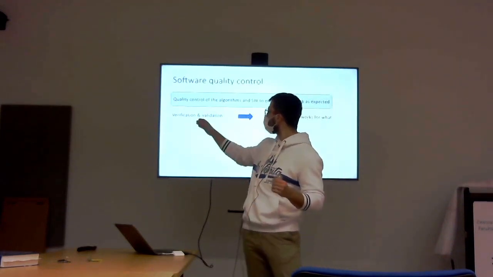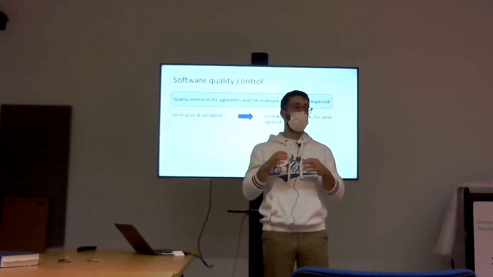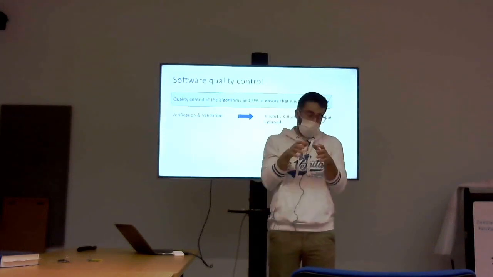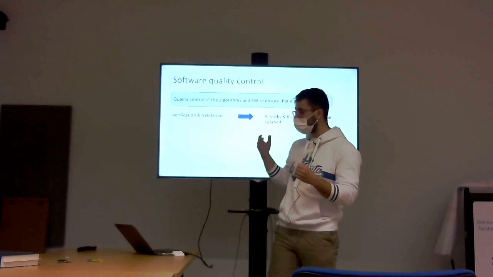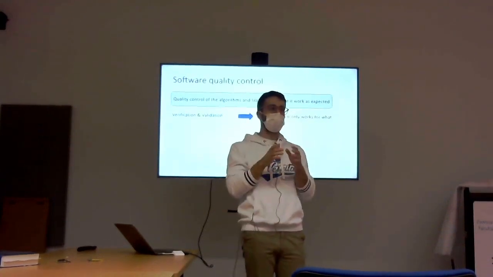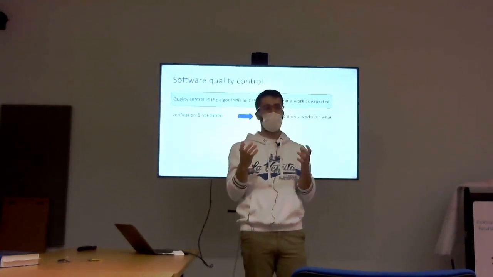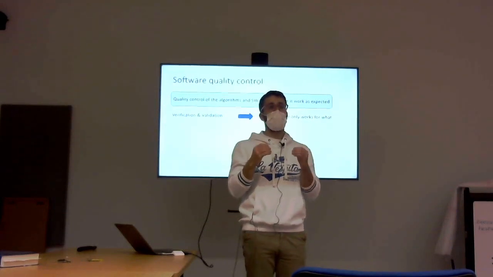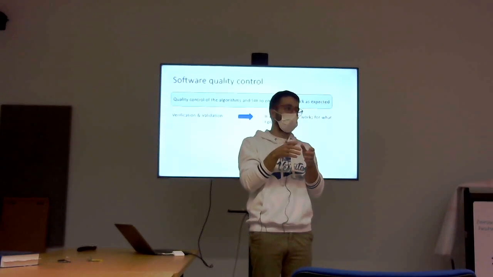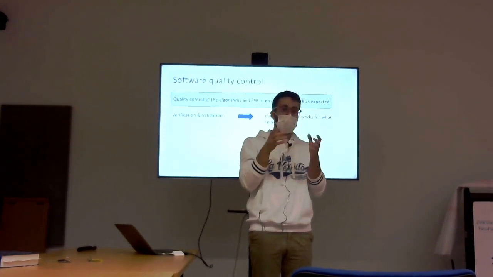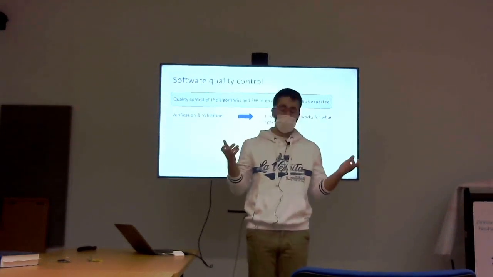The first is verification, where they test that everything works like it has to work, so the program works. The second is validation, which ensures that everything only works as planned, because maybe you make a very good program, but if there are some bugs, hackers can use them to destroy your code and your system.